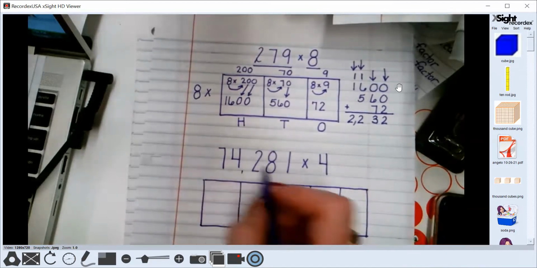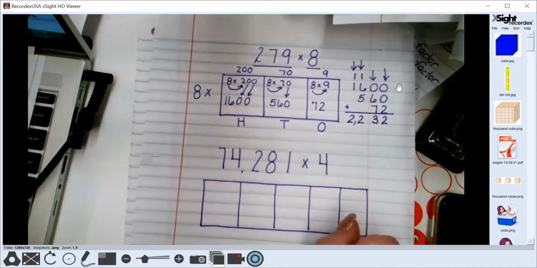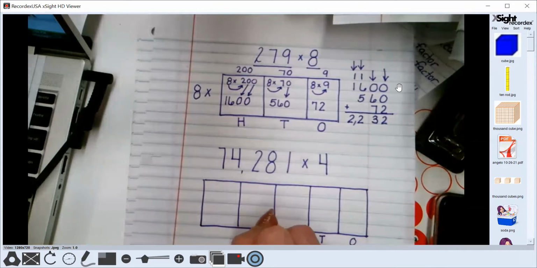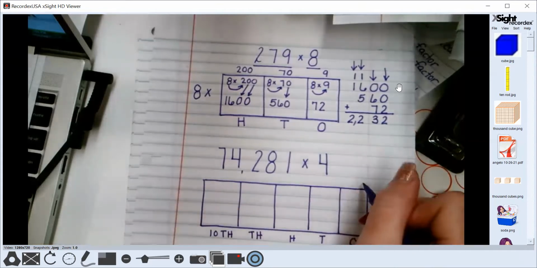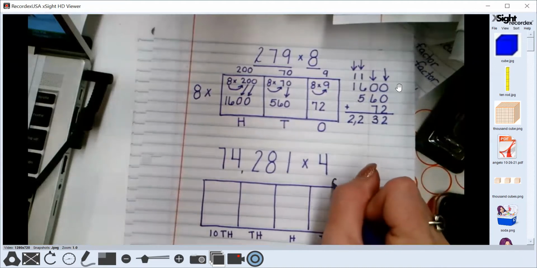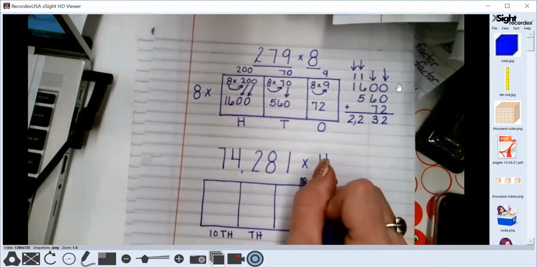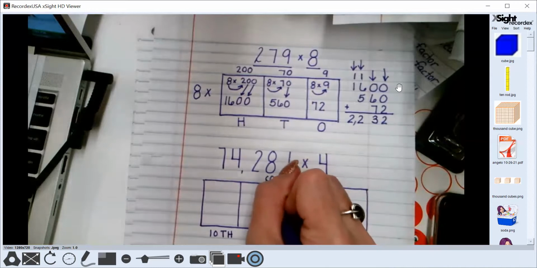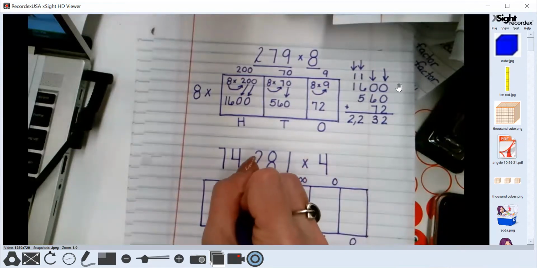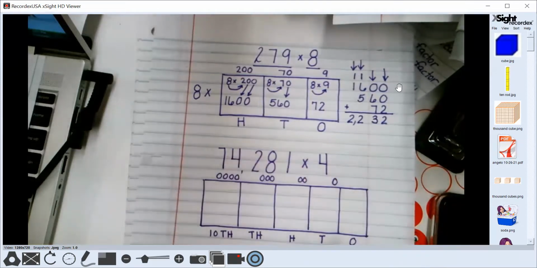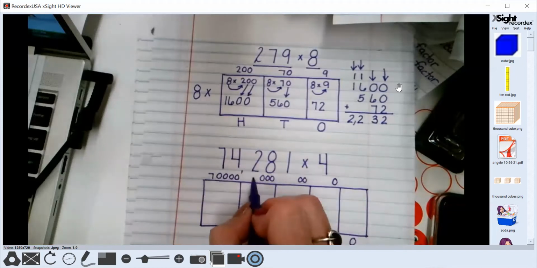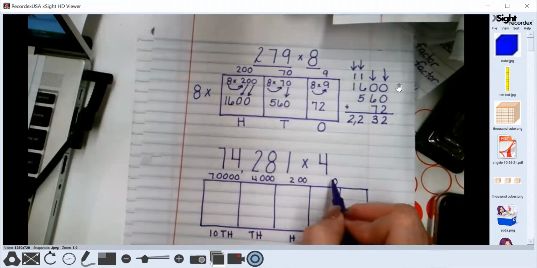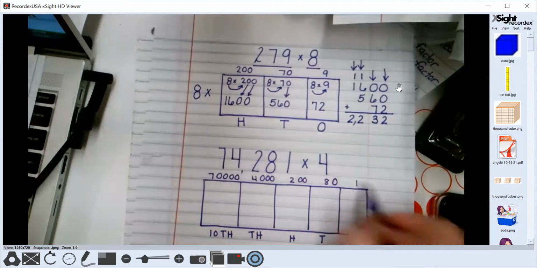And then this is ones, tens, hundreds, thousands, 10,000s. So I know this has no zeros. This has 1 zero. This has 2. This has 3. This has 4. And then I can put my numbers 7, 4, 2, 8, 1.